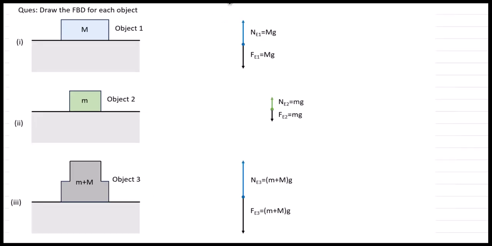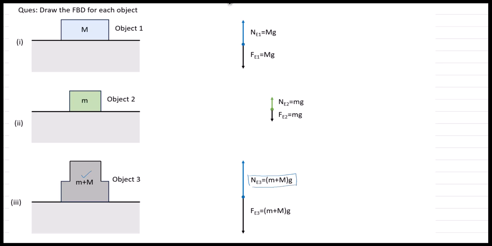Now let's apply the understanding from the free body diagram of figure 3 to the stacking of objects, where we place one object on top of the other. What figure 3 says is that if you have an object of mass M plus m, then the normal force by Earth on that object will be M plus m times g.